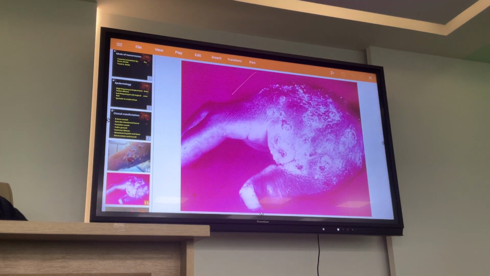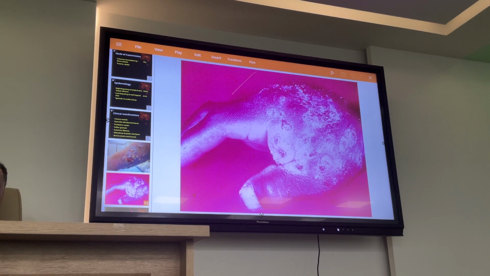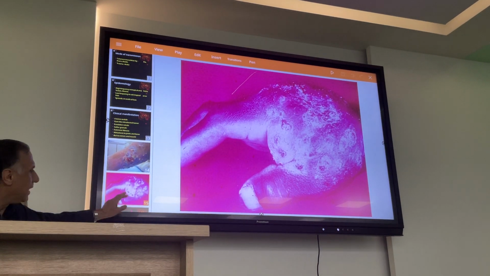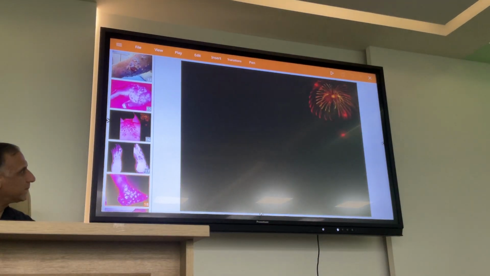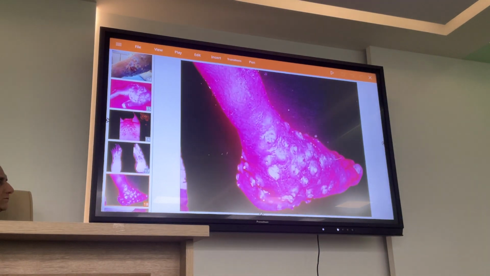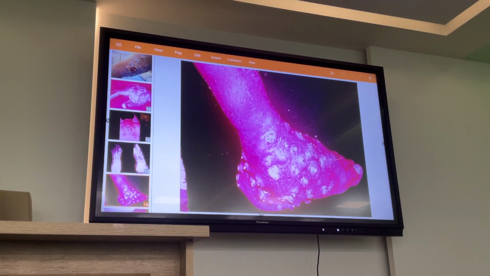You may have a lesion in all parts of the body, in different anatomic sites, but usually we find the infection in the foot. Look at the picture.